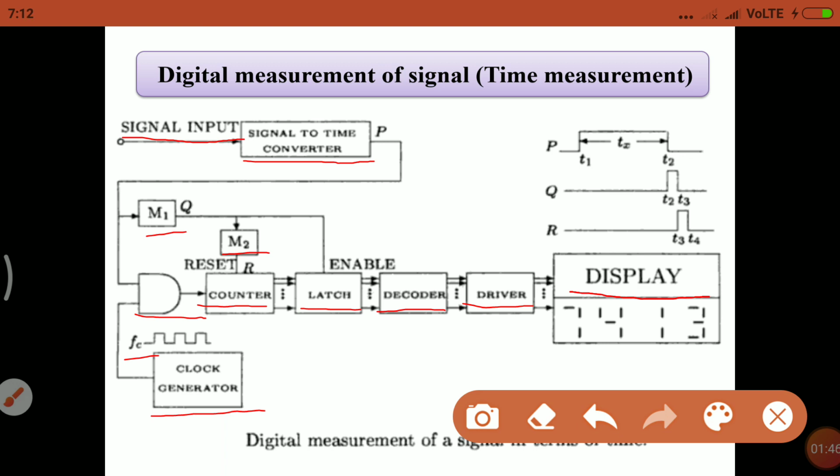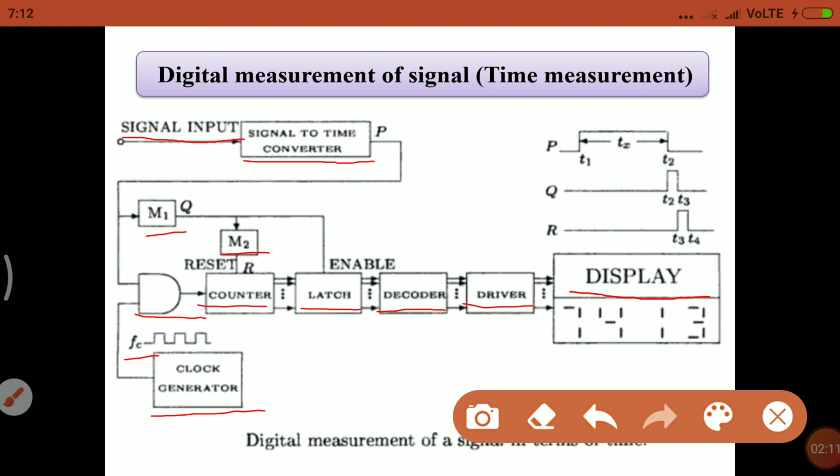So basically, where is the application of this circuit and why is it important? We know that most of the signals in nature are analog, so we require to convert them into digital form. Then the question is why it is necessary to convert any analog signal into digital?